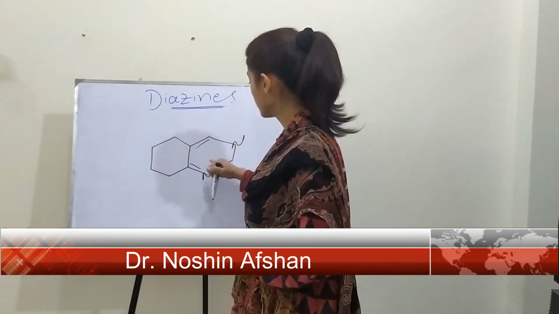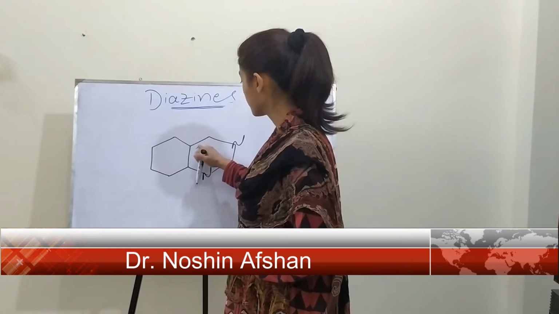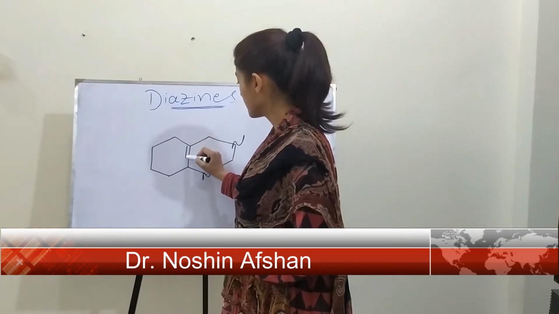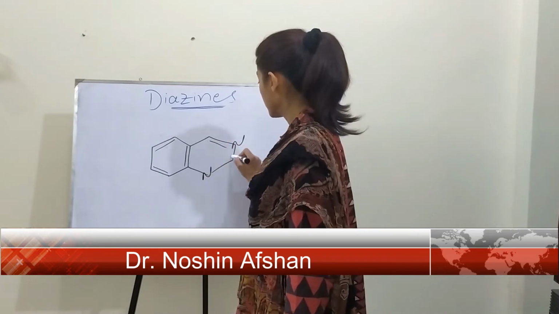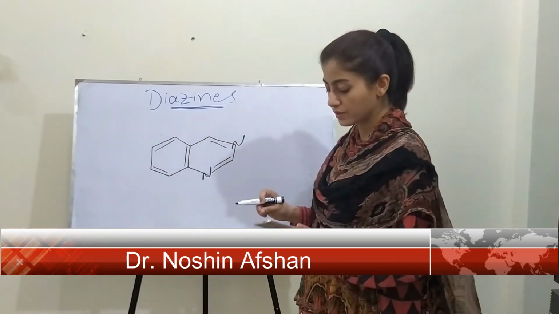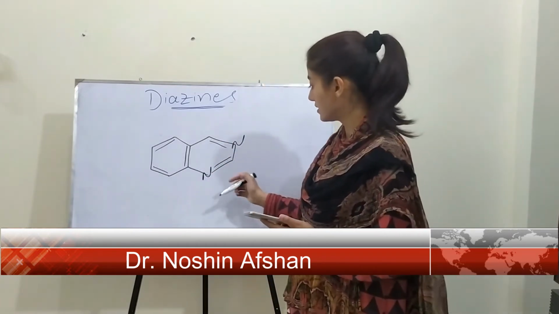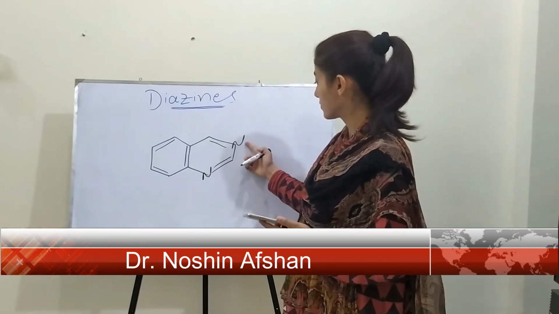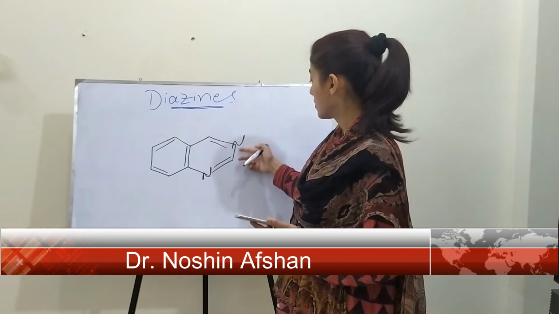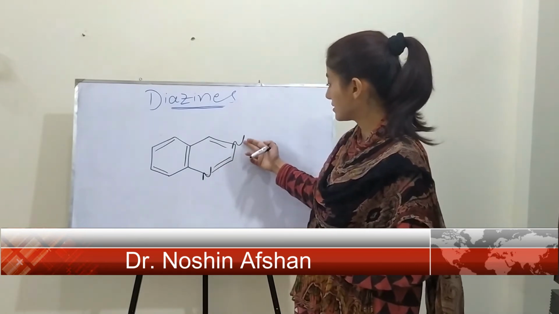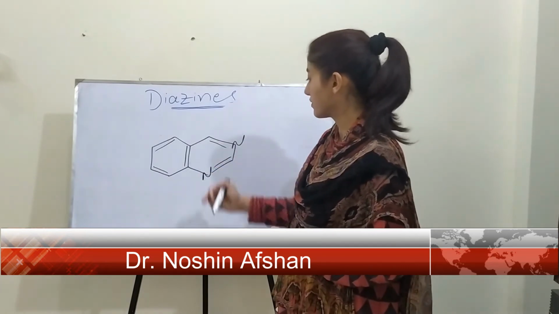So it's better to write it like this. The shared bond is doubly bonded carbons. It would look like this. So here it is 1, 2, 3, 4, 5, 6. And in the other way it is 1, 2, 3, 4 and 5.